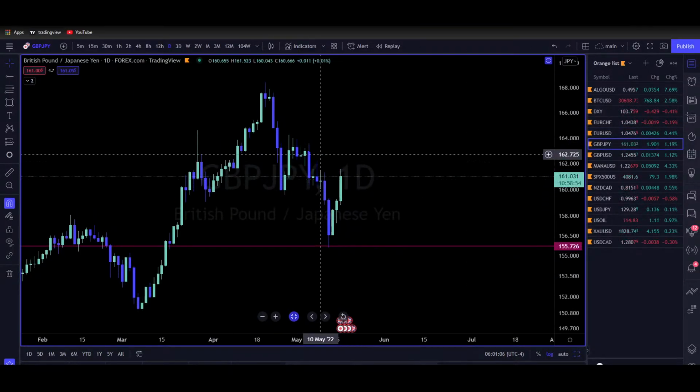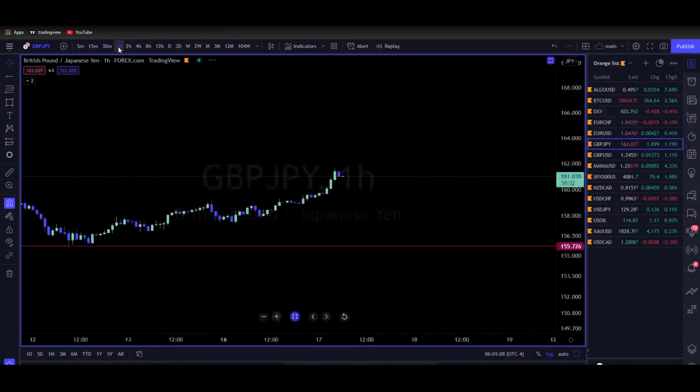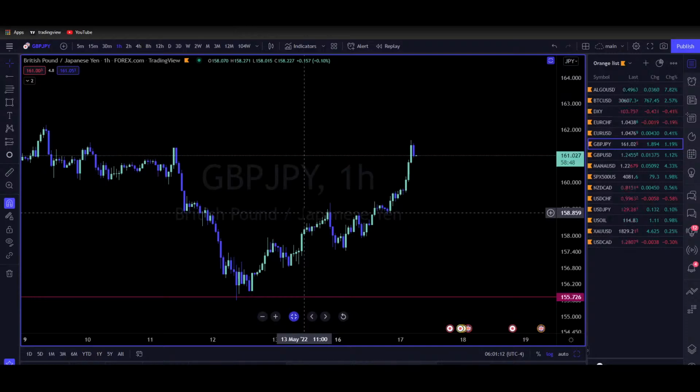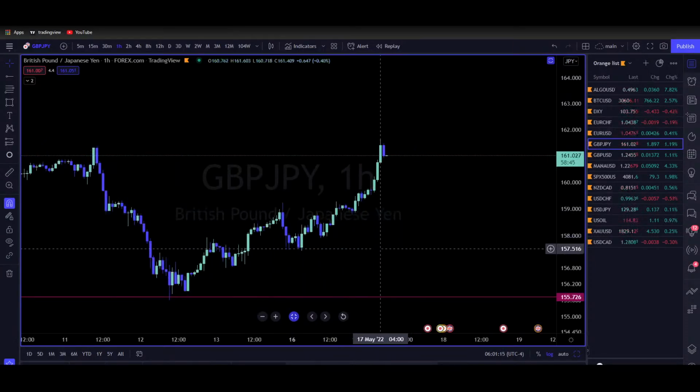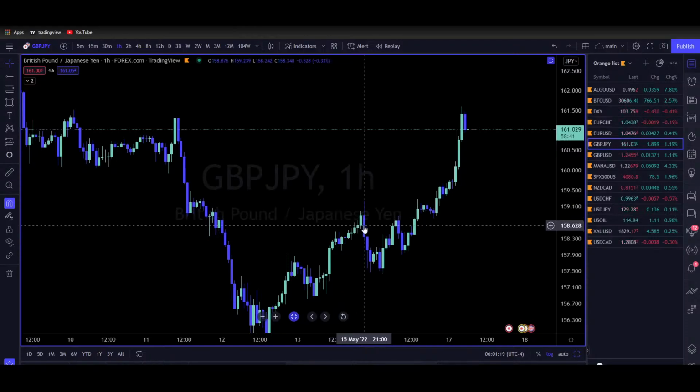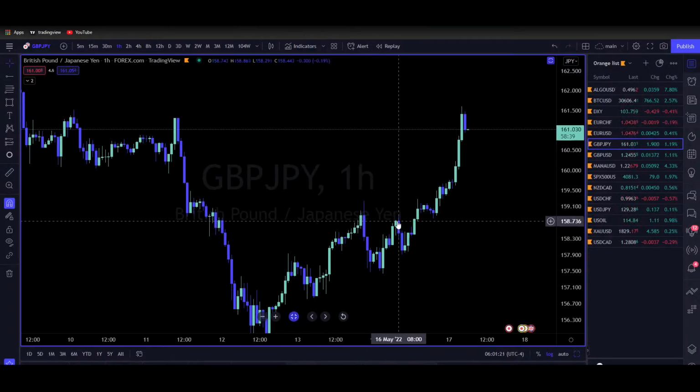We were looking at potential shorts on pound yen yesterday for day trade only. Obviously, that did not work. We did not get brutalized on this market violence here, but it didn't work out. We were watching this level right here, but that was our signal to basically leave this thing be.